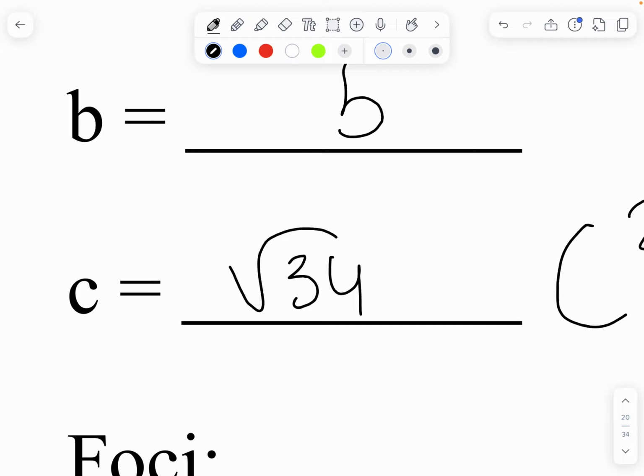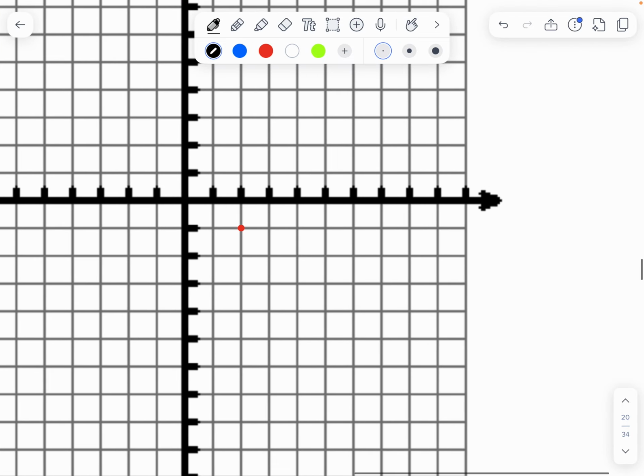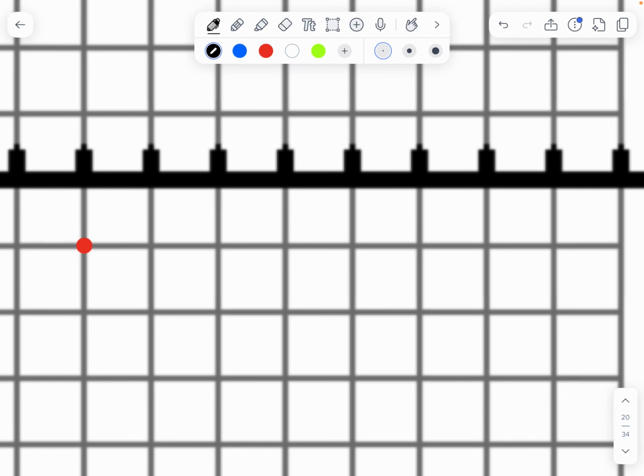Okay, now we have enough information to finally graph. Let's do this. The value of a in a horizontal hyperbola is the distance from the vertices to the center. So what that basically means is our point is going to be here.